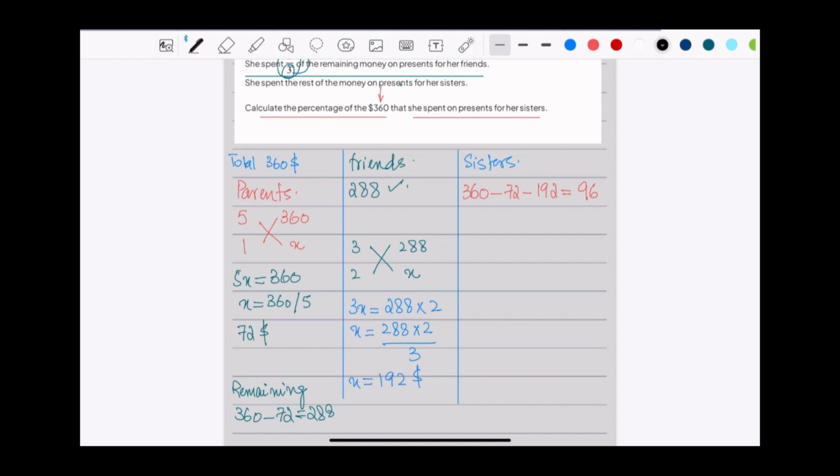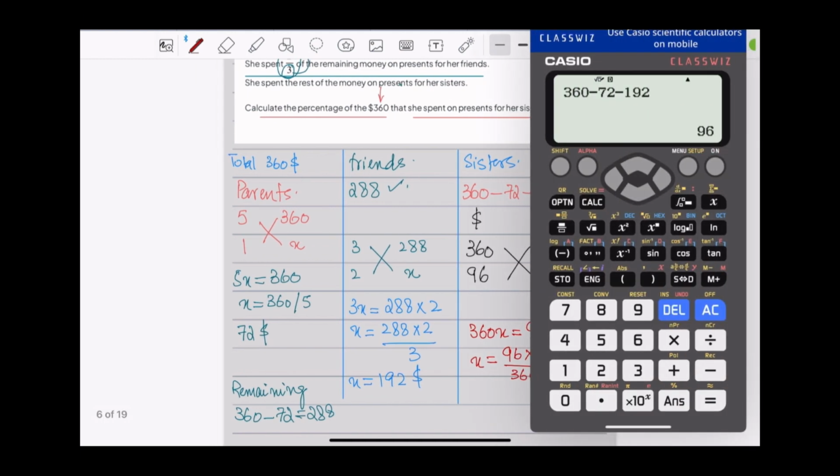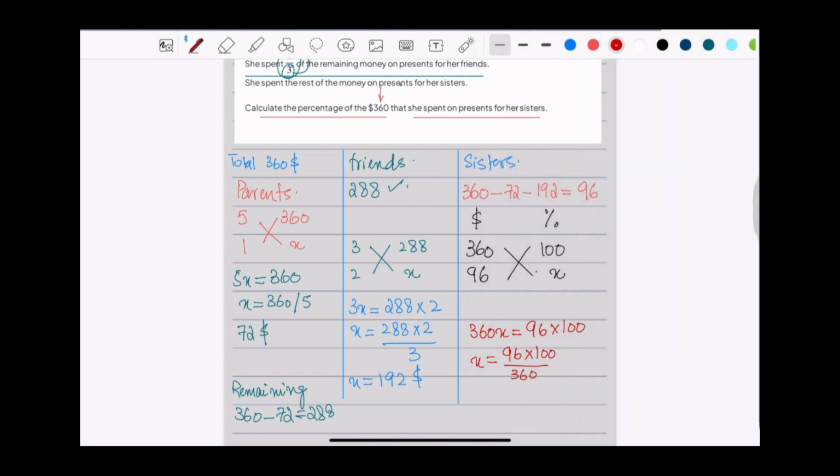So $360 in percentages was the total amount, 100%, out of which $96 was spent on her sisters, which represents x%, and we cross-multiply, which gives you 360x is equal to 96 times 100, and x is equal to 96 times 100 over 360. That gives you 26.7%.